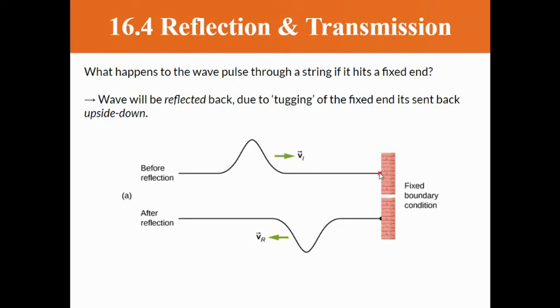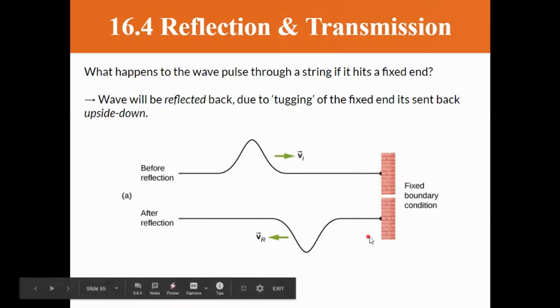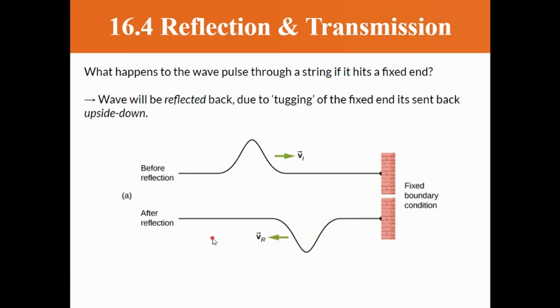But obviously this is well fixed to the wall, so the wall won't budge. And while the pulse is trying to pull this up, then by Newton's third law, it will experience a counterforce from the wall, from the joint, that pulls it down. So the pulse will get pulled down and come out to the left, completely out of phase. It'll come back upside down.